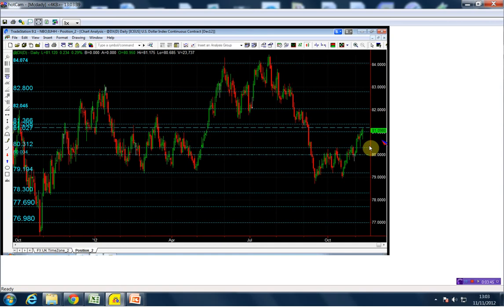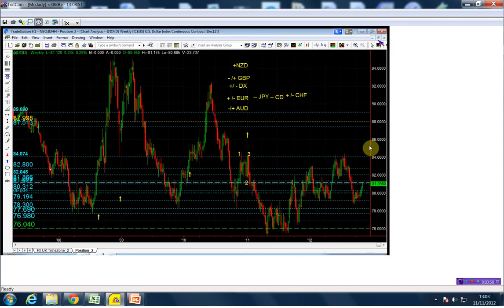As you can see here, we closed the week at 81.09. We have several structure points which I defined for you the other day, but let me show them to you here on a separate chart.